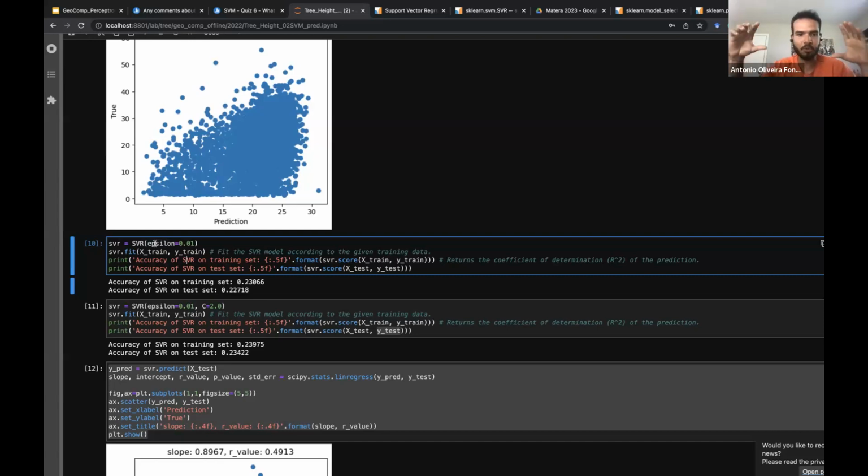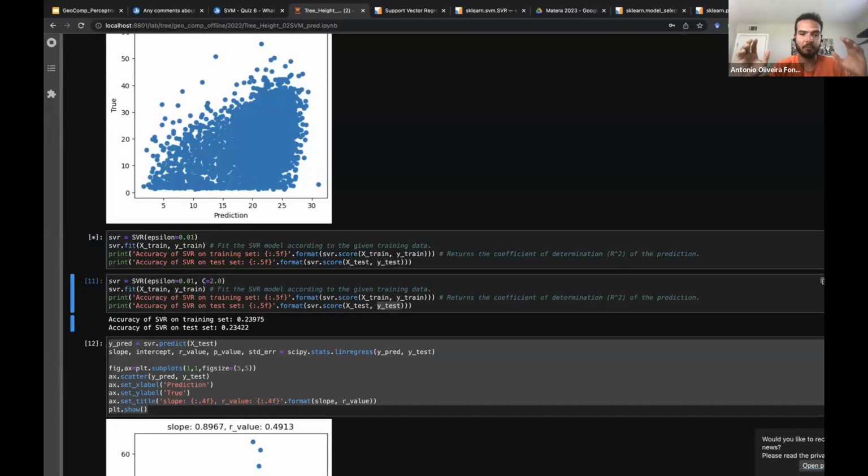Now we're saying that we want the model to fit a margin that's even tighter, in which most of the points fall within a very narrow margin. So the model has to be extremely precise to finally say that it has managed to fit the data. We are going from 0.1 to 0.01. What do you guys think is going to happen?